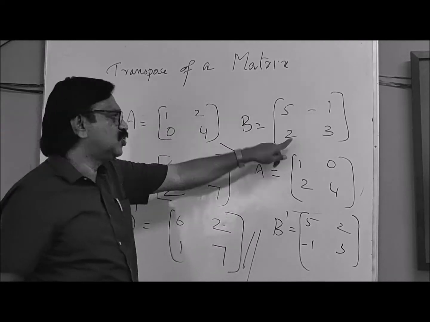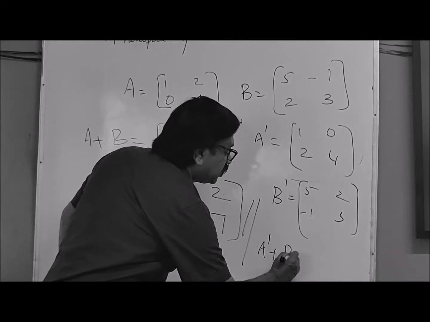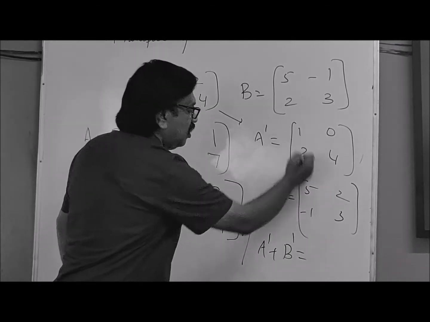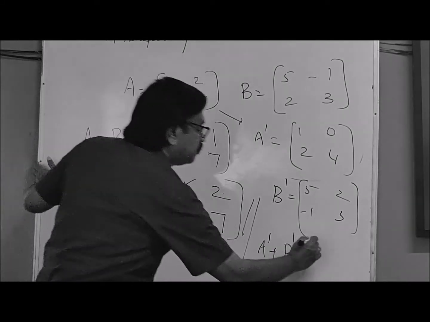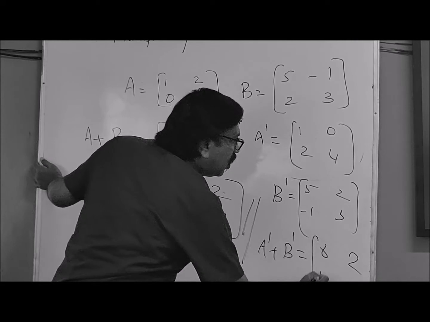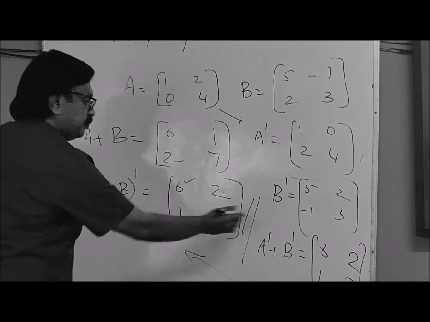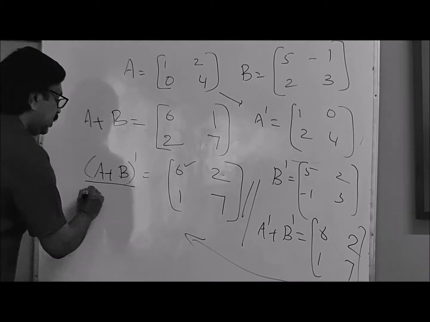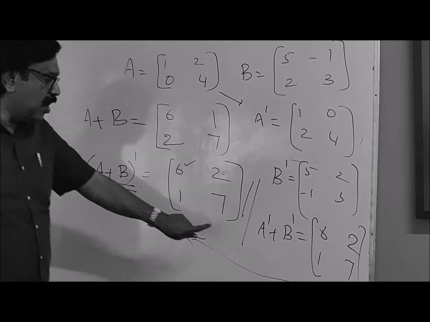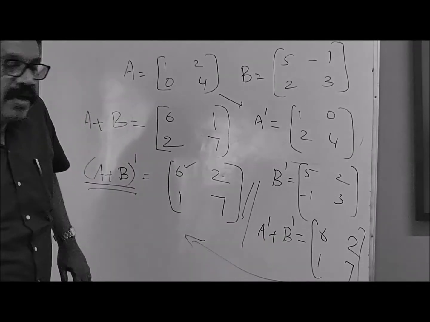A dash plus B dash, the sum of the transposes. It is 5 plus 1, 6, then 2, 1, 7. You see, both are the same. A plus B transpose is the same as A transpose plus B transpose.